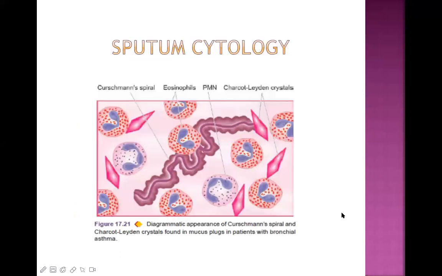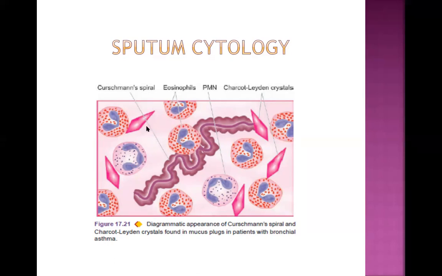Let me show you one picture here. Please have a look. These are the eosinophils. You can clearly identify the eosinophils, though it's a schematic diagram. It is not a real cytological picture, but it gives us the concept. This is also an eosinophil. But here is the neutrophil, with a three-lobed nucleus.